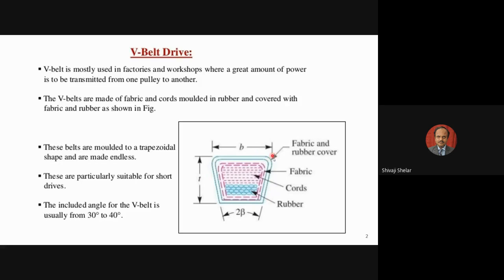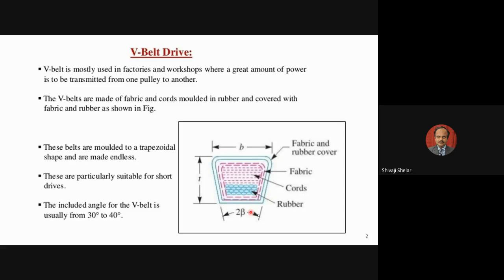This V belt has a trapezoidal section, with belt width at the top B and thickness of the belt equal to C. The material is rubber, and there are fabric material and core material inside, depending upon the load to be taken. The amount of core material and fabric material will be defined accordingly. These are the two inclined edges which will be touching the pulley surface.